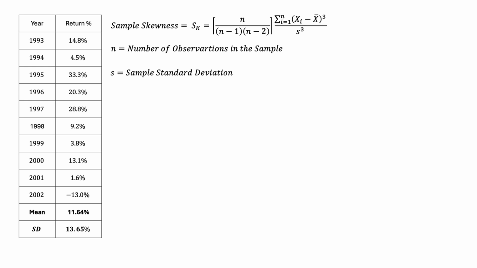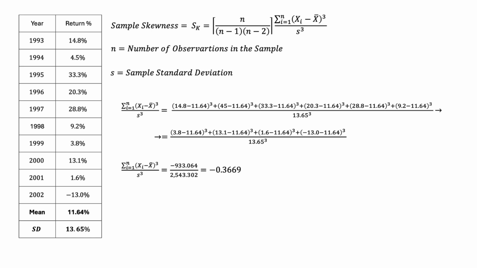And so if I were to follow that here, knowing that I have my mean and standard deviation, I would plug it into the third power, right, over there, and I would get the value for the right portion of the equation to equal minus 0.3669. And then if I were to add in the left portion of the equation, I would get a value of 10 divided by (10 minus 1) times (10 minus 2), times the negative 0.3669, which would equal a negative 0.05.